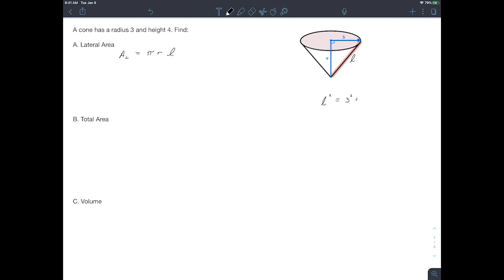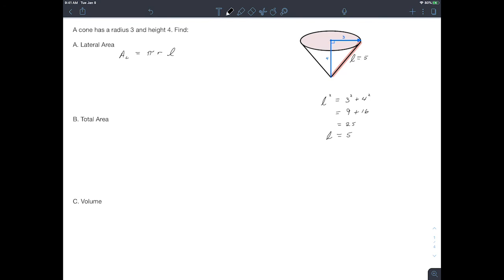So 3 squared plus 4 squared. So L squared is 9 plus 16. L squared is 25. Taking the square root of both sides, we have L is equal to 5. Some of you may have recognized this as a 3, 4, 5 triangle.